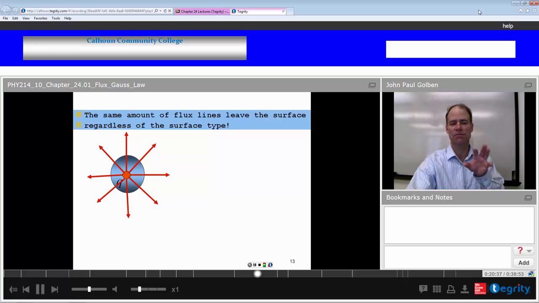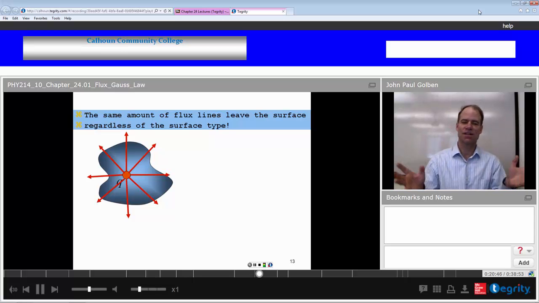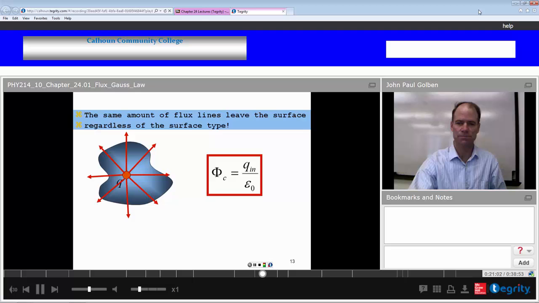If I change it from a nice sphere to some weird glob, some weird conglomerate surface like this, I still haven't changed the number of flux lines leaving this surface. So the flux is still the same regardless of the way my surface looks, how big it is, how small it is. It doesn't change. I still have the same flux lines going outward. So the flux is still proportional to the charge enclosed. The flux will equal the charge enclosed divided by epsilon naught.